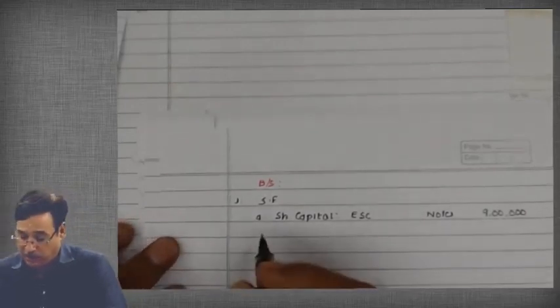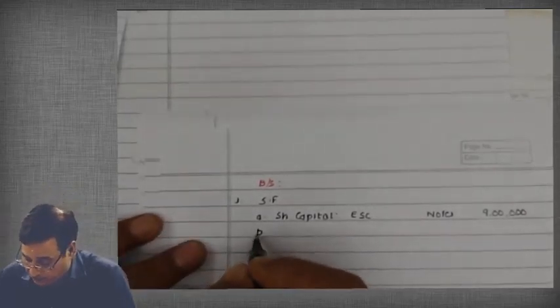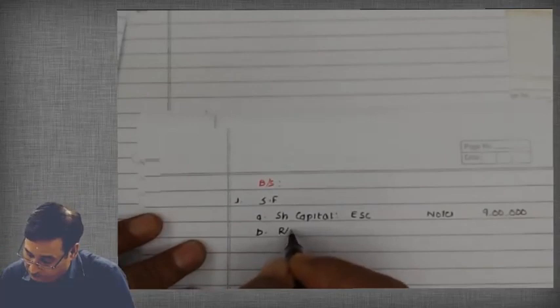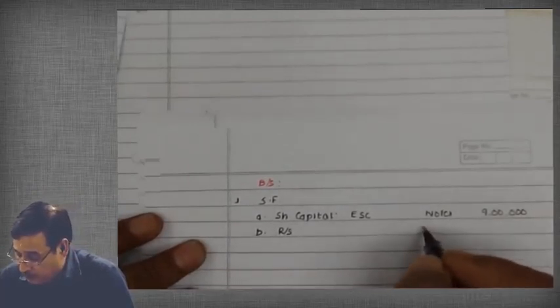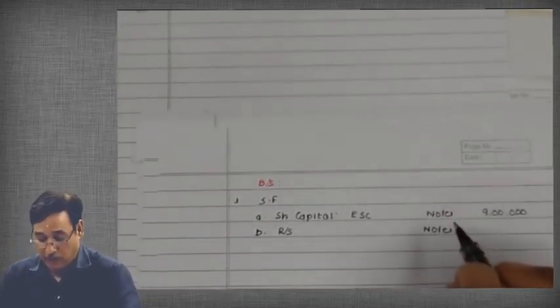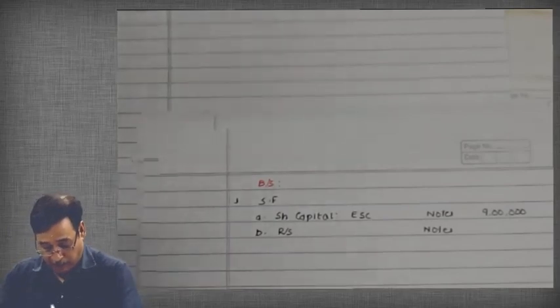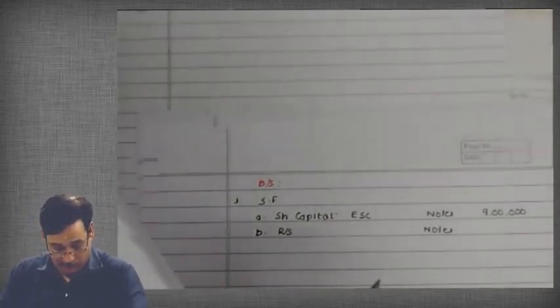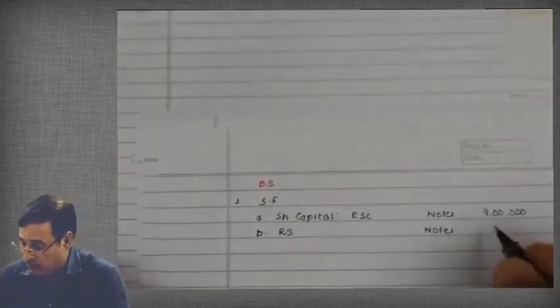Correct? Similarly, reserve and surplus. As per notes, we had just computed the amount of reserve and surplus, which came to actually how much? That was equal to 3 lakh.